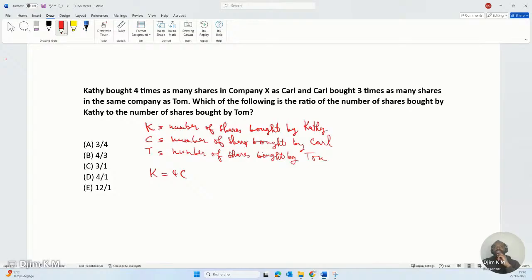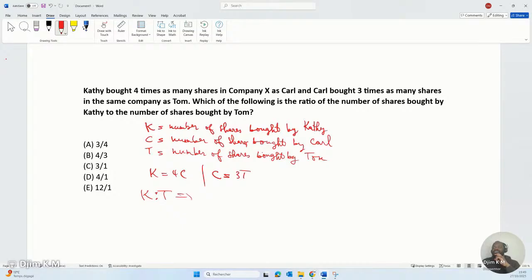And Carl bought 3 times as many shares in the same company. So C is equal to 3 times T. And the question asks for the ratio of the number of shares bought by Cathy to the number bought by Tom. They want us to find this ratio, Cathy over Tom.